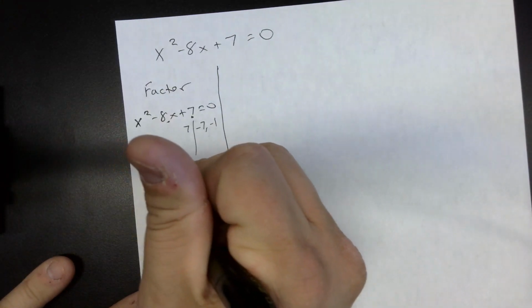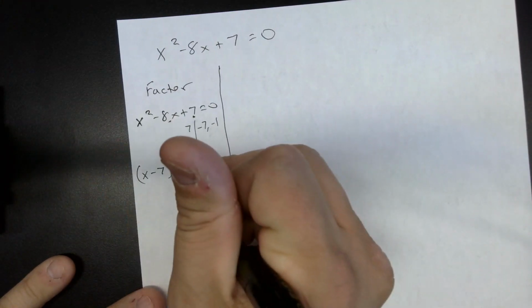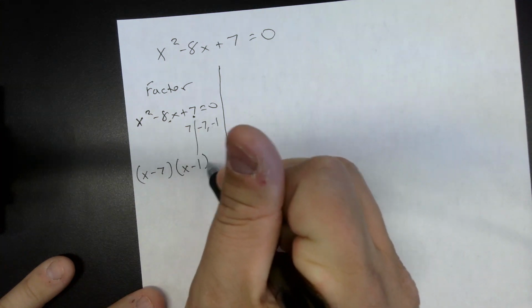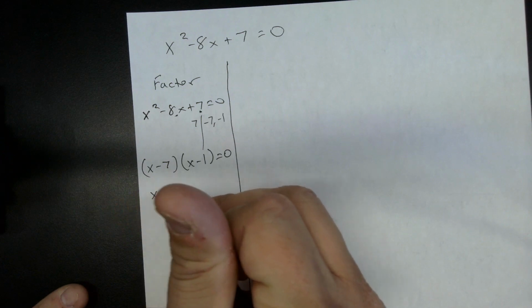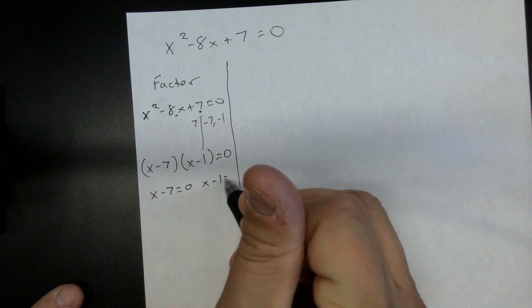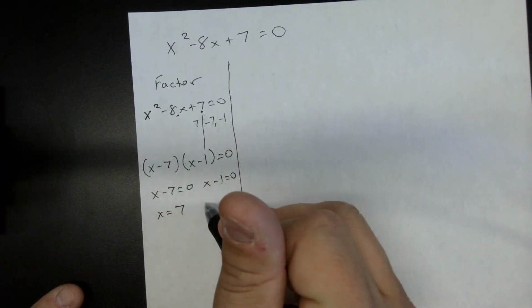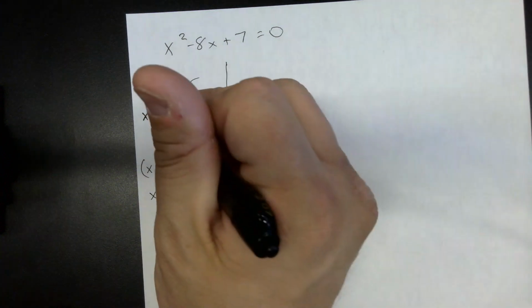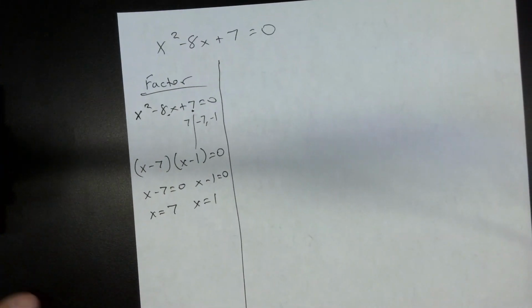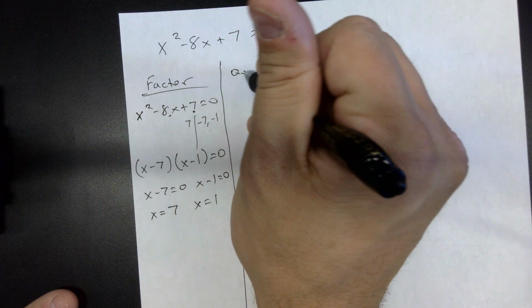Okay, those numbers, because A is 1, get plugged right into your FOIL parentheses, and you can solve them by setting them both equal to 0. So x equals 7, x equals 1. That's the first way we know how to do it. Factor. We've learned that. Next way, we'll do quadratic formula.